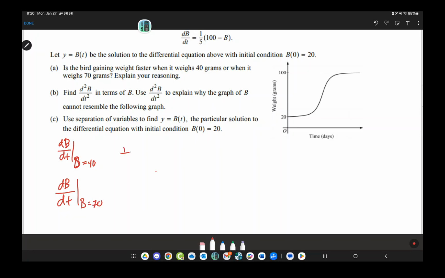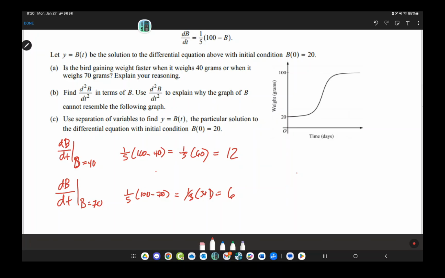That is just 1/5 of 100 minus 40, and 1/5 of 100 minus 70, which would give you the rate 1/5 of 60. So what's 1/5 of 60? 12. And 1/5 of 30, which is 6.